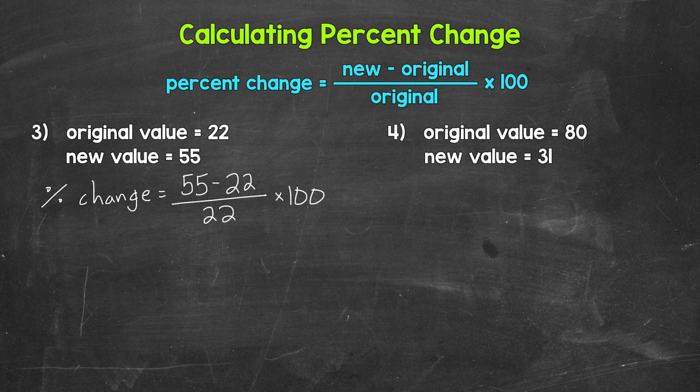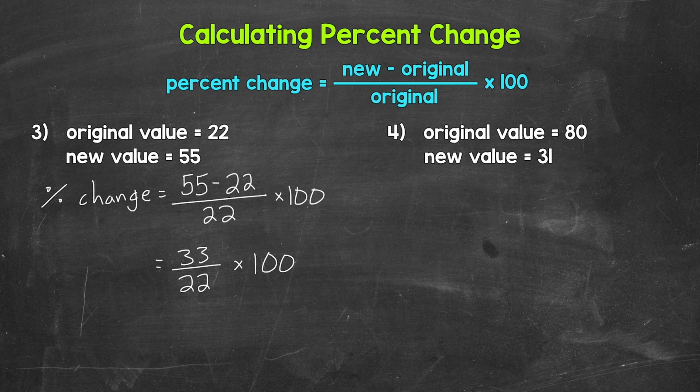Let's start by subtracting. 55 minus 22 gives us 33. So that's the amount of change, and it's positive. So that tells us we had an increase of 33. Let's divide that by the original value, 22, and then multiply by 100.